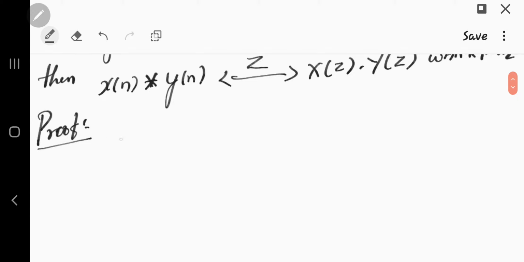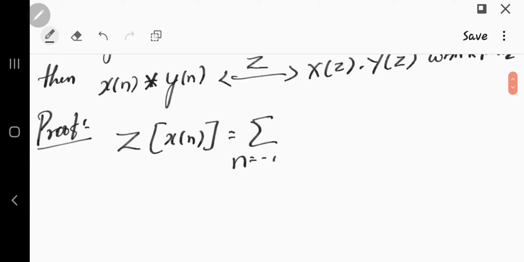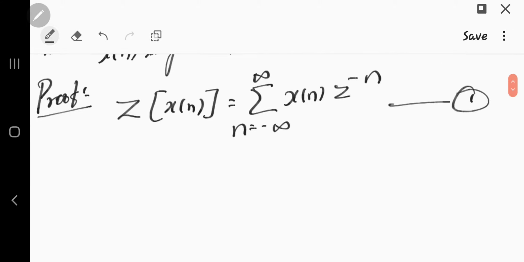So to start with, we'll start with the term Z transform of x of n convolved with y of n. First, Z transform of x of n is equal to summation n varying from minus infinity to plus infinity x of n z to the power of minus n. Call this as 1.